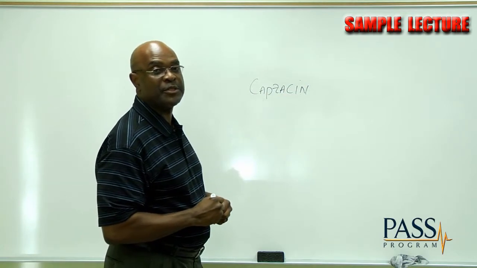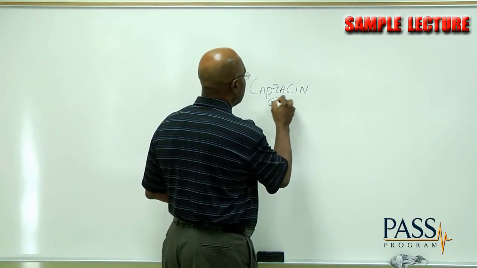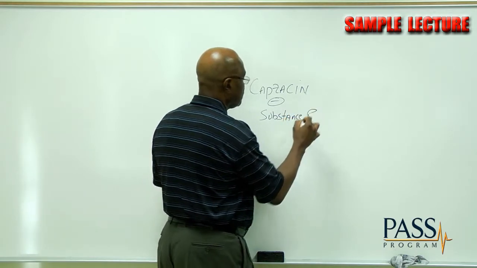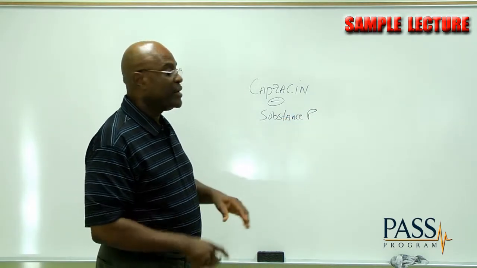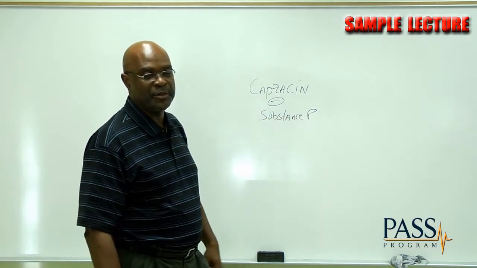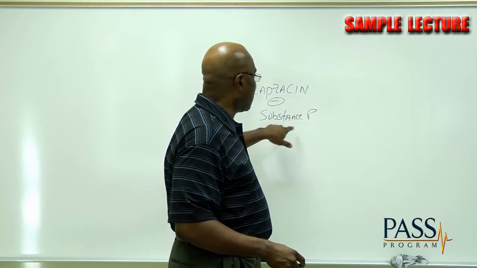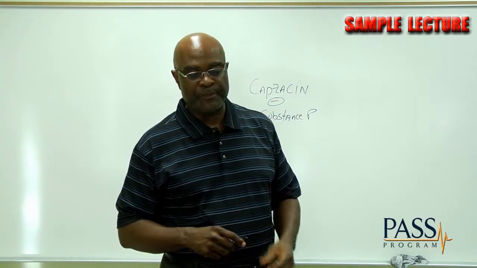Capsaicin will block substance P. P for pain. So this is the main one I like to ask about. Substance P mediates pain. And so capsaicin blocks substance P production and release.